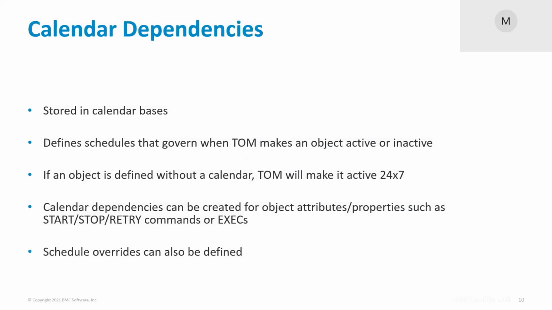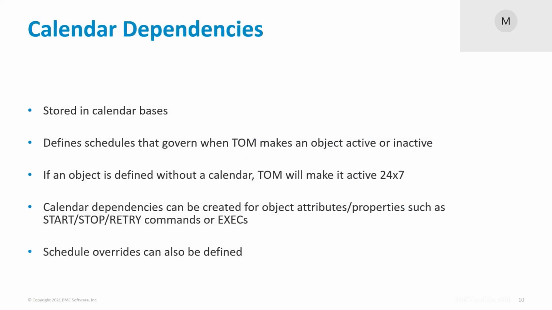Tom also has this idea of calendar dependencies, and the calendar dependencies are stored in calendar bases. What they do is determine when Tom should make an object active or inactive. Now, if you don't define the schedule for an object, Tom assumes that it should be active all the time if the dependencies and other criteria are met. But in terms of scheduling and calendars, Tom will assume it always needs to be active.